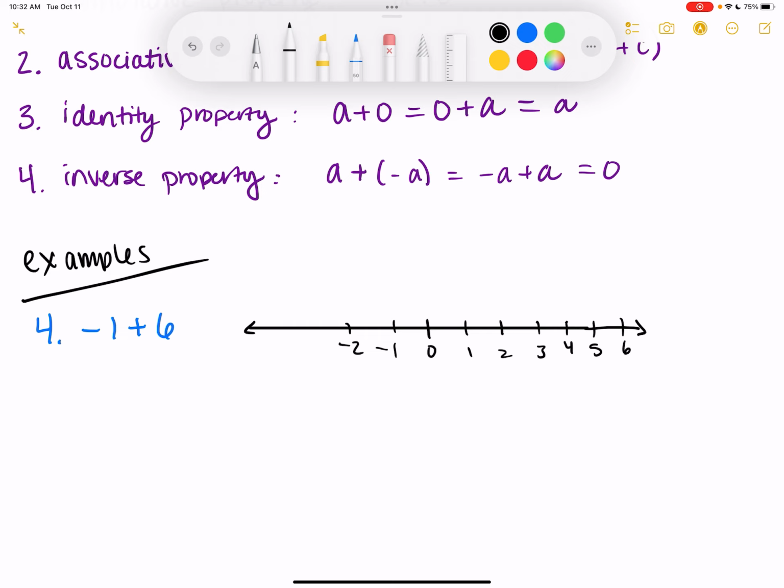Okay, so we're going to put a dot at -1. And then we add 6 to it. So we just count over from the dot. We go 1, 2, 3, 4, 5, 6. So the answer to this would be 5 because that's 6 points away from -1.